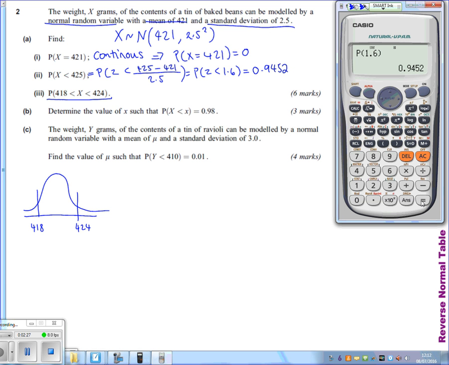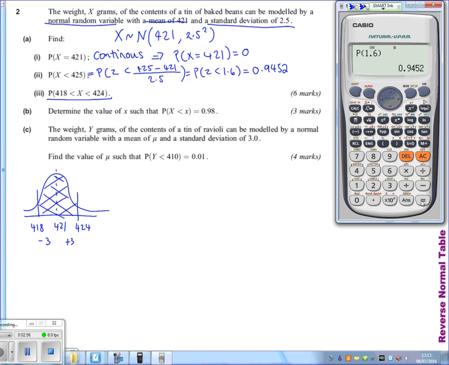And if we think about it, we've got our mean in the middle here at 421. We can see actually these 2 points are both 3 away from the mean. So it's symmetrical. I want to know what's the probability of being between those 2 values. So this blue shaded area here.